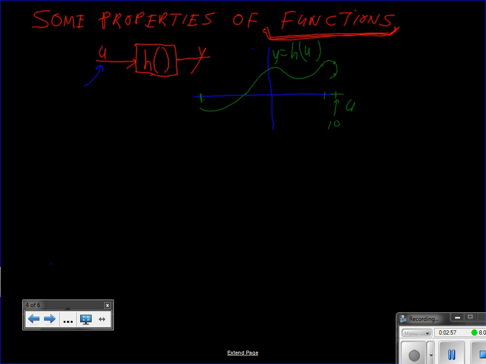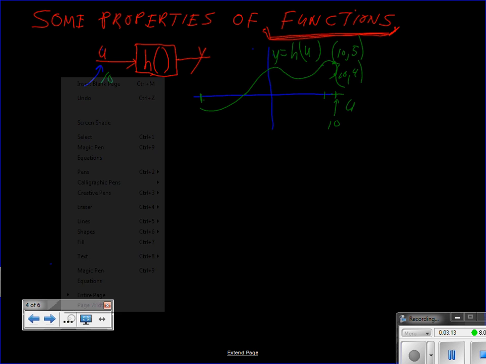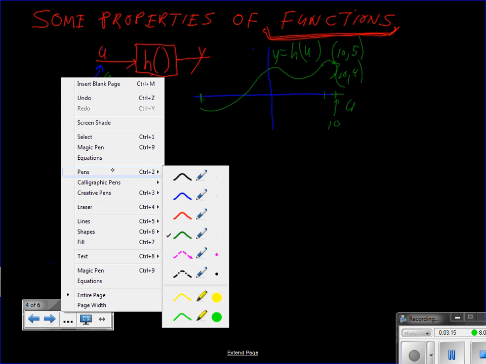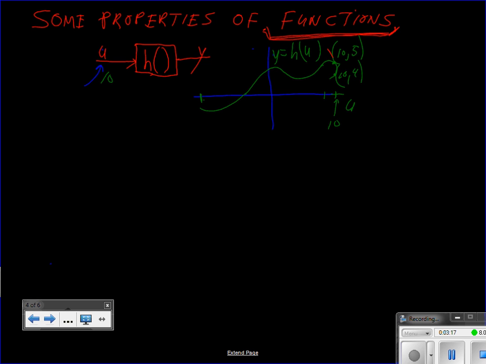And if I put in a 10 here, apparently I can get a 10 input and a 5 output, which is that point. Or I can put in a 10 and get out a 4. That means that is not a function. Not a function.